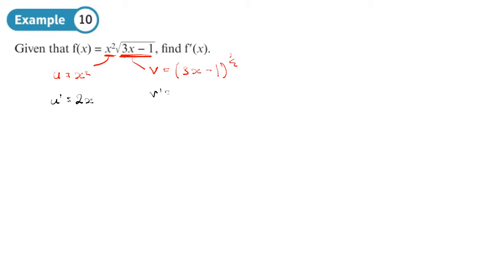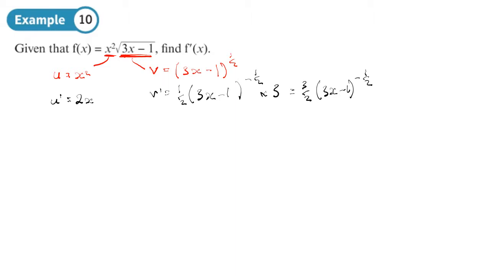So you differentiate the outside, a half bracket minus a half. The inside of the bracket doesn't change, and then you multiply by the inside differentiated. So that will become 3 over 2, 3x minus 1 to the minus a half.